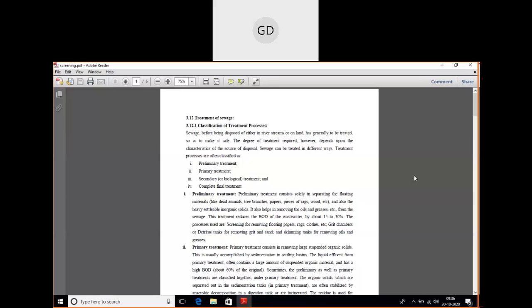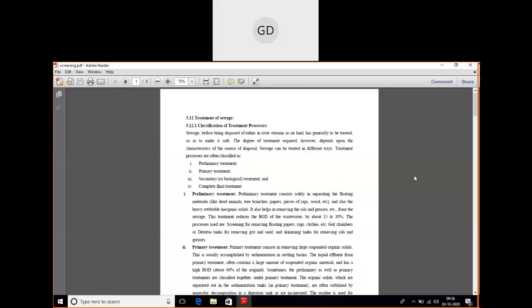The liquid effluent from the primary treatment still contains a high BOD, about 60% of the original.